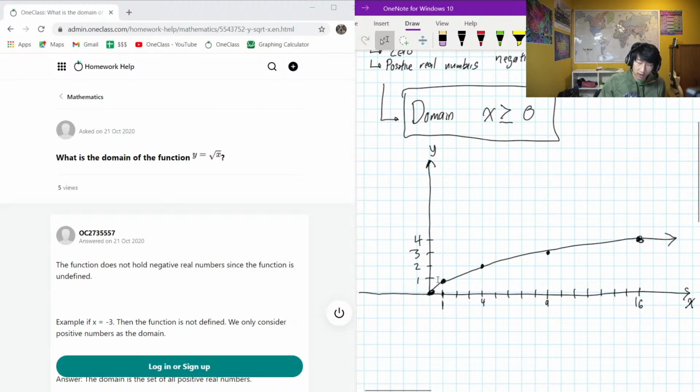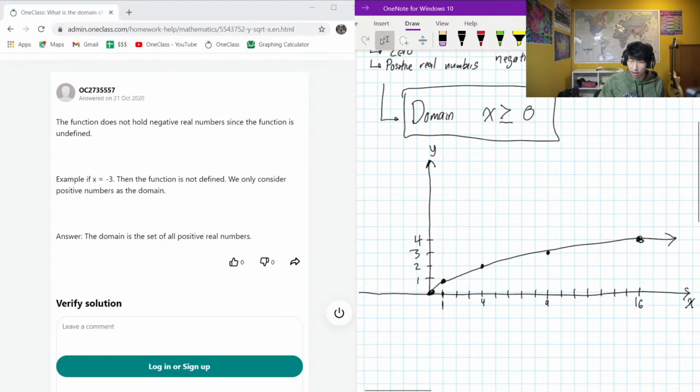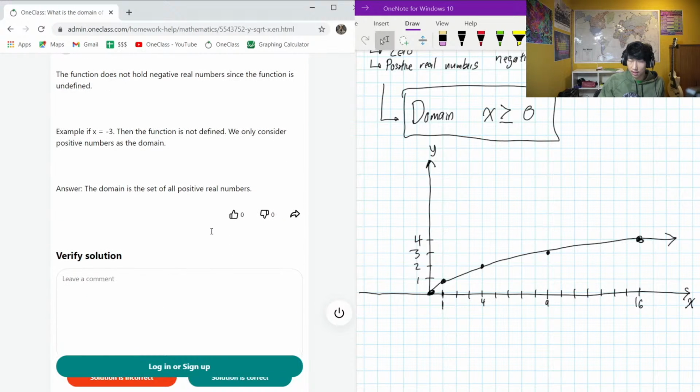We're gonna have values anywhere to the right hand side of the y-axis. Anything to the left hand side is in the negative world. That would be x is less than 0, illegal, not gonna work out. Only x bigger than or equal to 0. Okay, so that is the domain. Set of all positive real numbers.